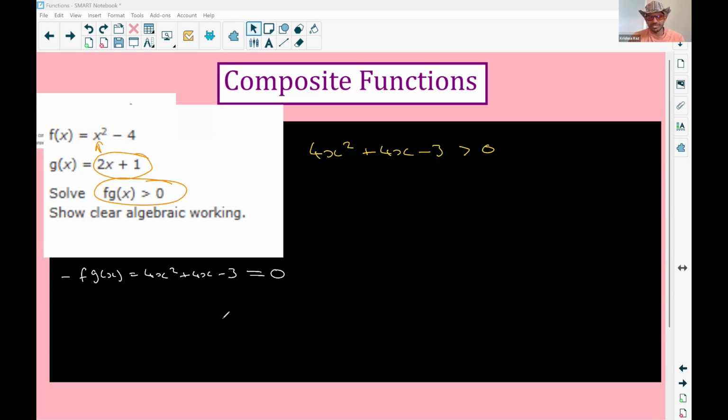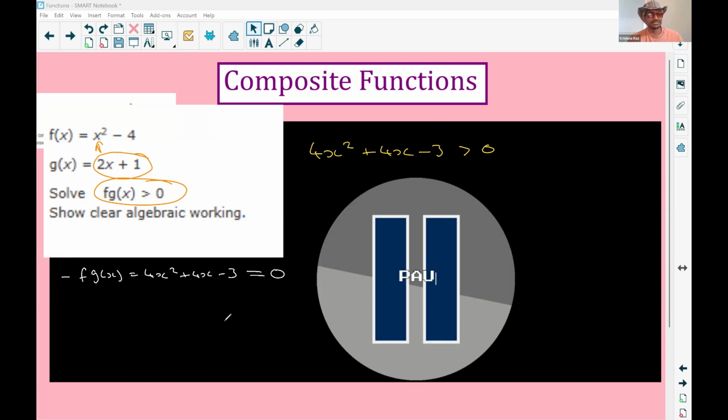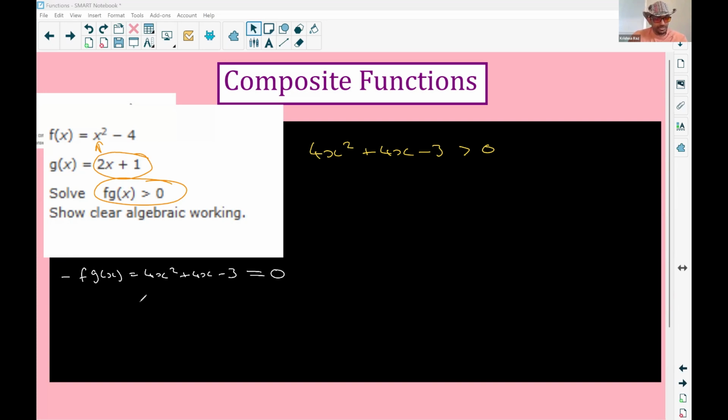We could use the quadratic formula, or we can factorize. I'm going to factorize this. Either way, pause the video now and solve it whichever way you find easiest. Welcome back. I'm going to do it by factorizing. I know 4 times 3 is 12, and 6 times 2 is a factor pair of 12, so I could factor it like this.